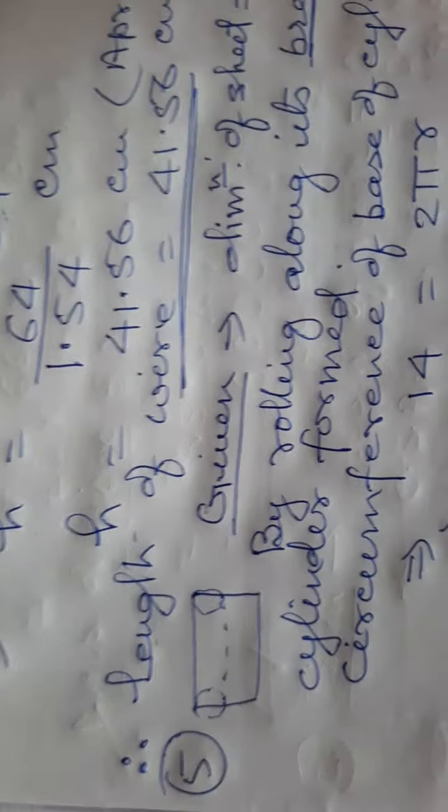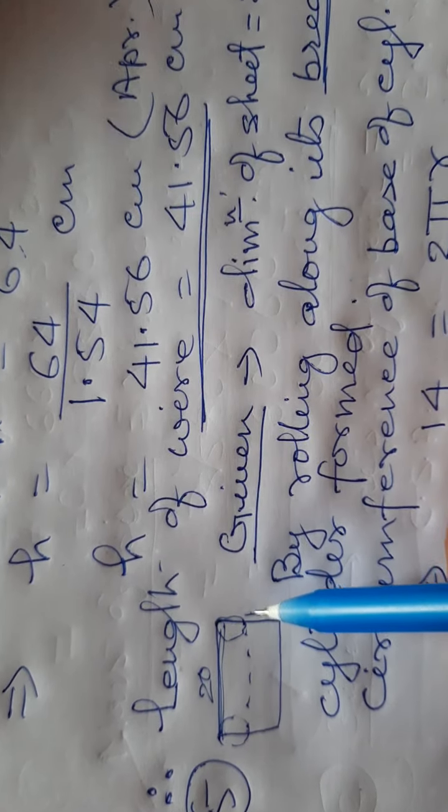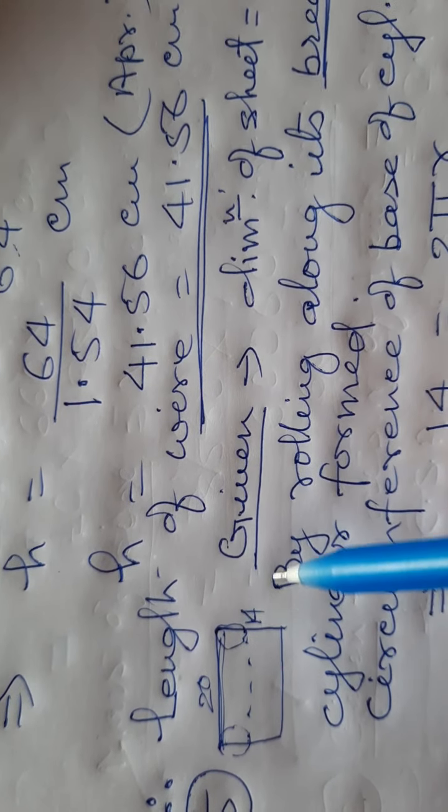Now, last question, number 5 solution. The dimension of the paper sheet is given: length 20 centimeter and breadth 14 centimeter.